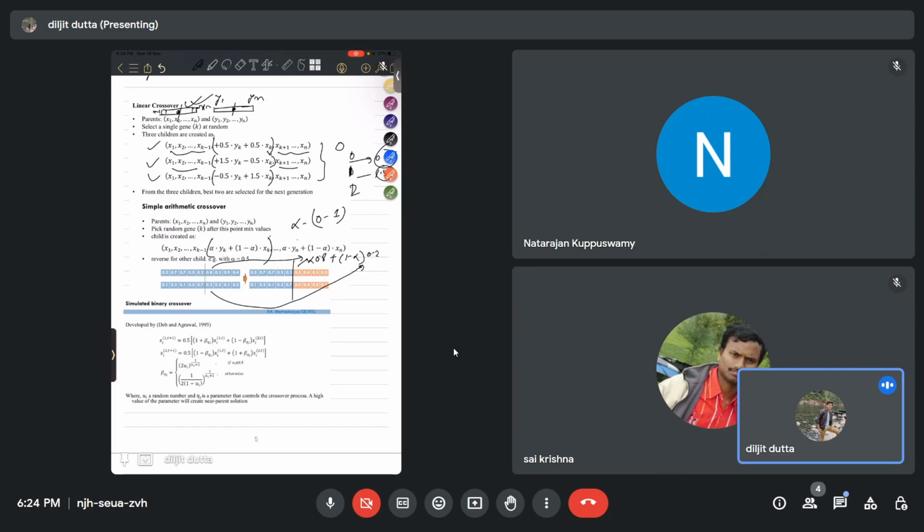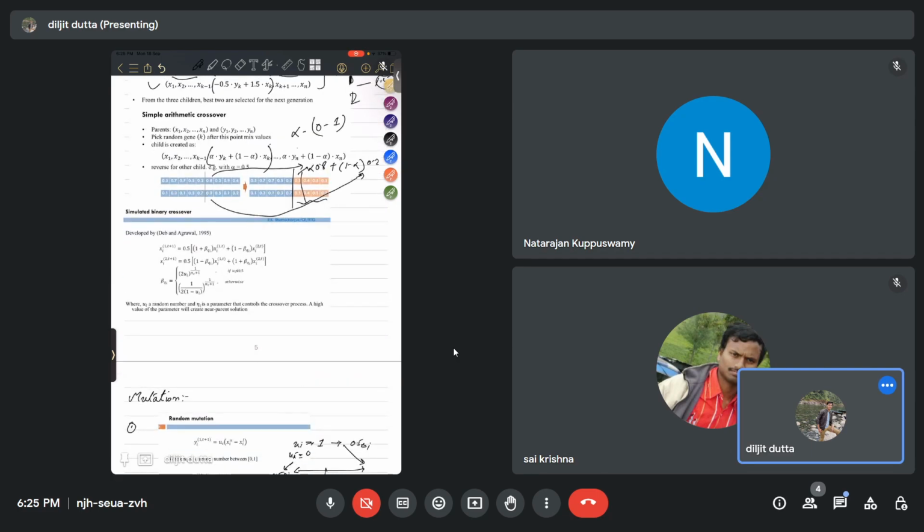Similarly for the second string we'll do the same procedure. This can be done for the entire string, for only one bit, or for part of the string. So this is a simple arithmetic operator. Based on our requirement, we will follow one of these: the entire string, part of the string, or only one bit in the string.